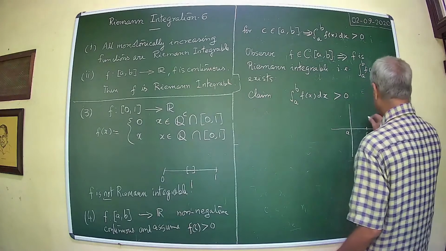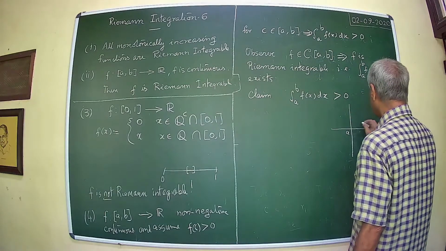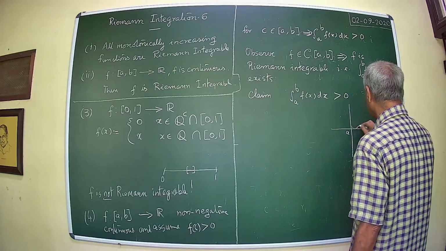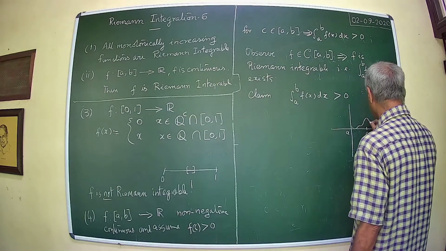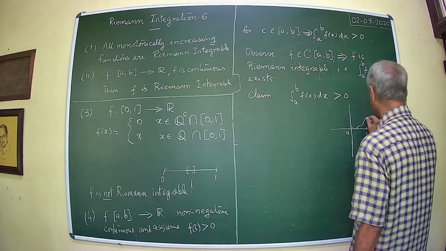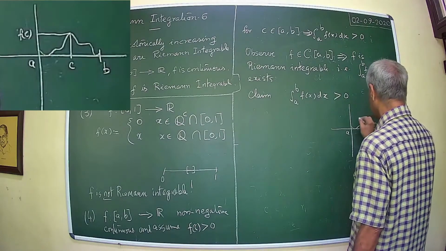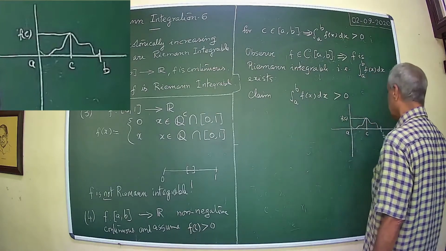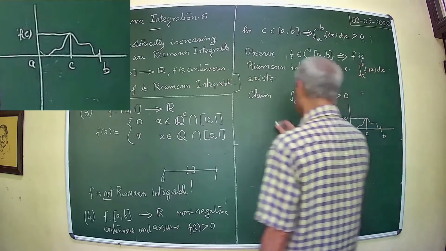Now at c, f is something like this, and we are given that this is f(c), and we are assuming f(c) is positive.